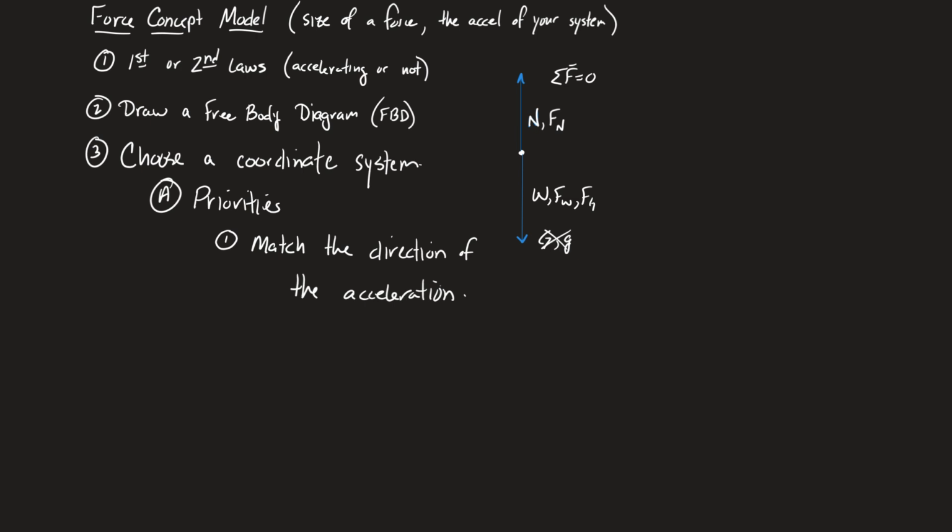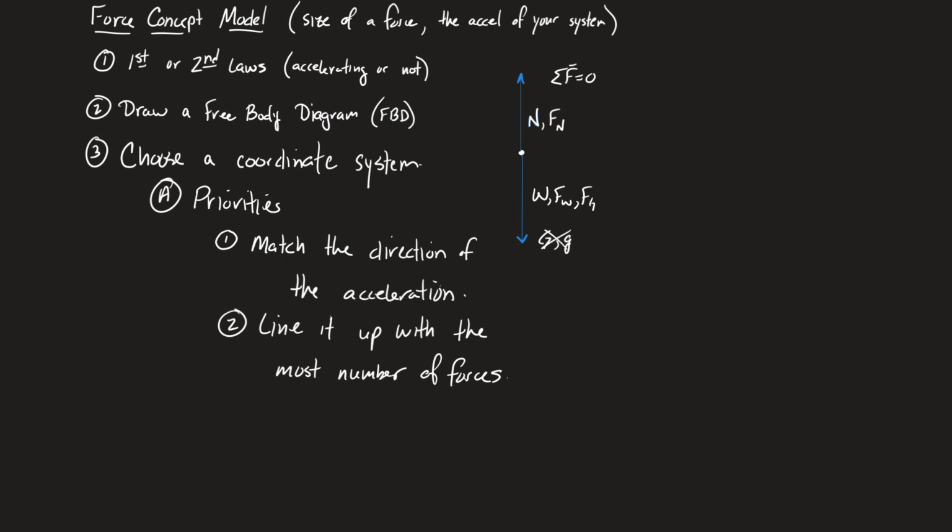If you don't, you will have so many more problems down the road. So if you want to make this as easy as possible, always match one of your directions with the direction of the acceleration. Your next priority is to line it up with as many forces as possible. The more forces you line it up with, the less work you have to do.